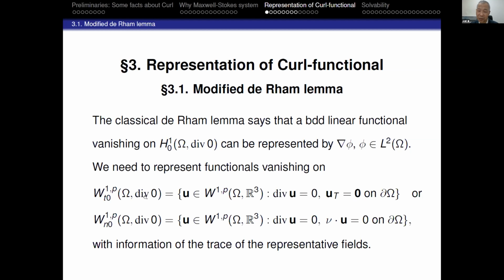And inside domain, divergence 0. And W1P N0 means every vector field in this space has 0 normal component on the boundary. And we consider the functionals vanishing on one of these spaces, and we wish to derive the representation.